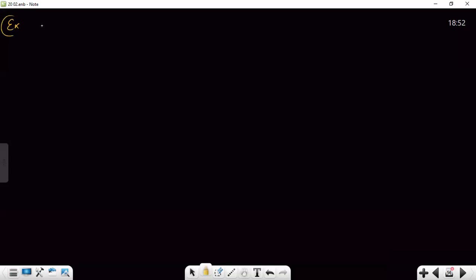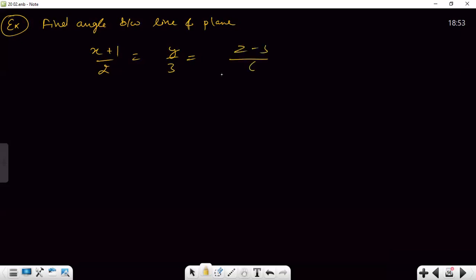In this question, we have to find the angle between the line and the plane. The line is (x plus 1) by 2 equals y by 3 equals (z minus 3) by 6, and the plane is 10x plus 2y minus 11z equals 3.